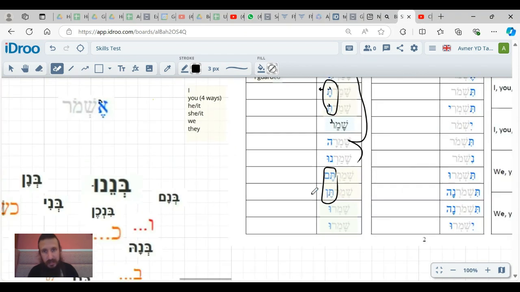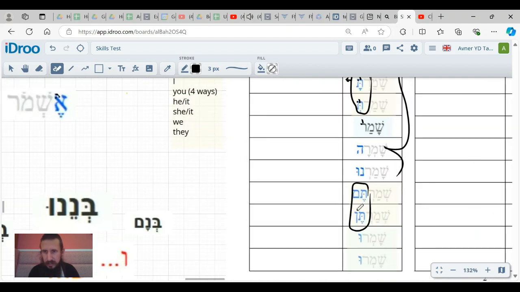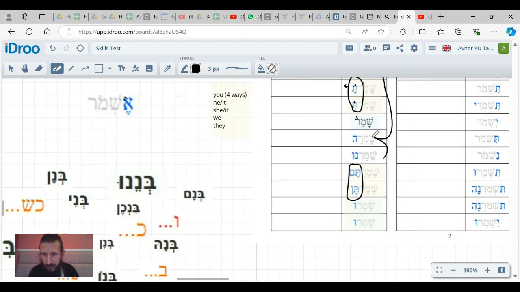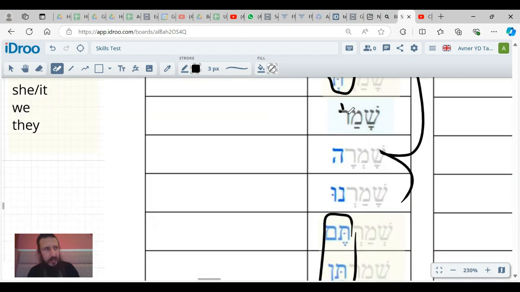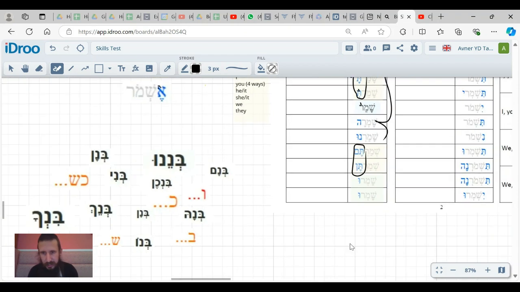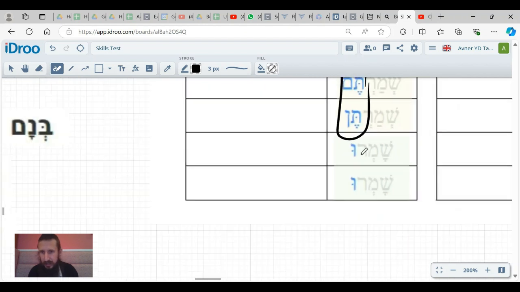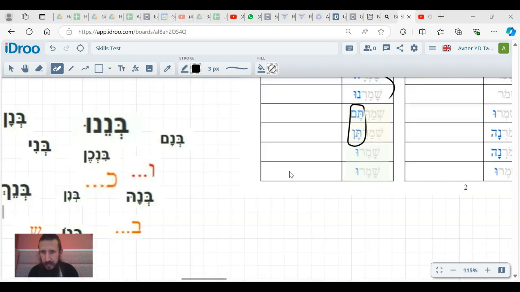So as long as you have the suffixes down pat, this pattern should be easy now to learn because it's the same idea as remembering the chaf sofits. Shamar is he guarded, so the simplest form is the he. And then shamru, whether it's masculine or feminine, is they guarded. This is a matter, though, of memorization.